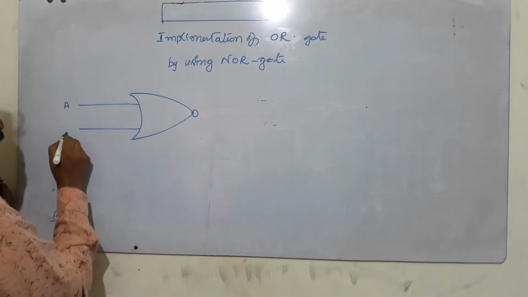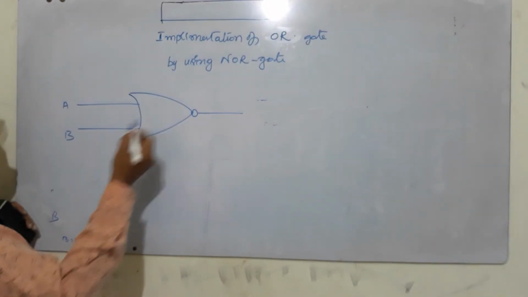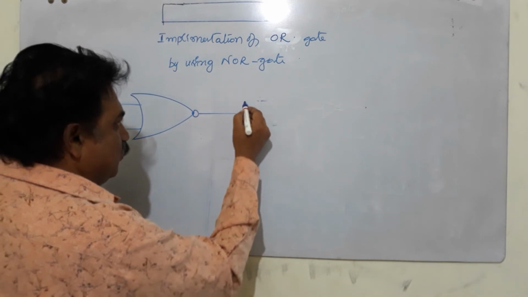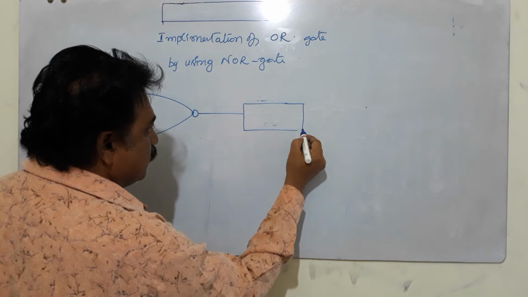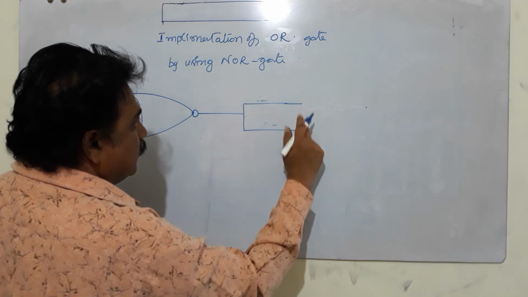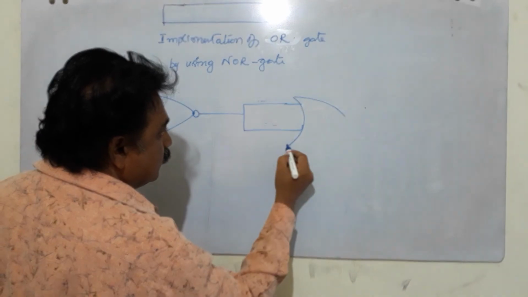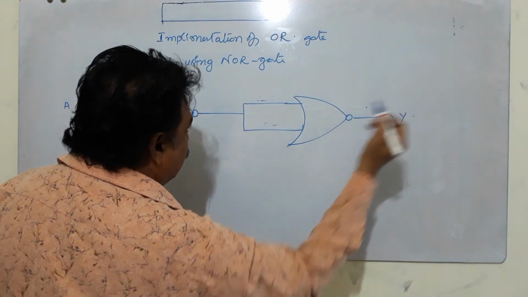The inputs are A and B. For this, the output is Y, and it is connected to a single input NOR gate, for which the output is Y.